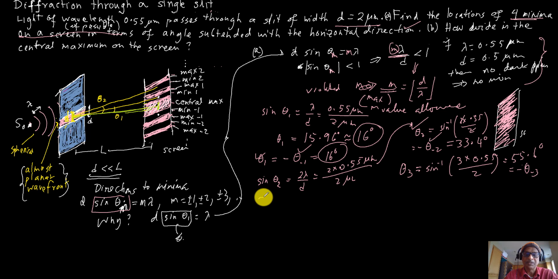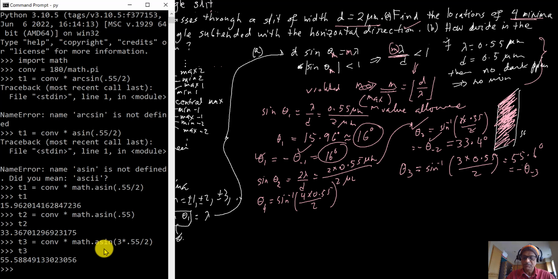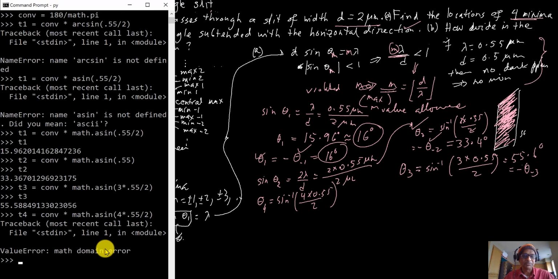How about theta 4? Theta 4 is equal to arc sine inverse 4 times 0.55 over 2, and you are going to run into trouble pretty soon. So let's see, we run into trouble. T4 is 4 times as much. So sure enough, we run into trouble because numerator 4 times 0.55, that's 2.2.